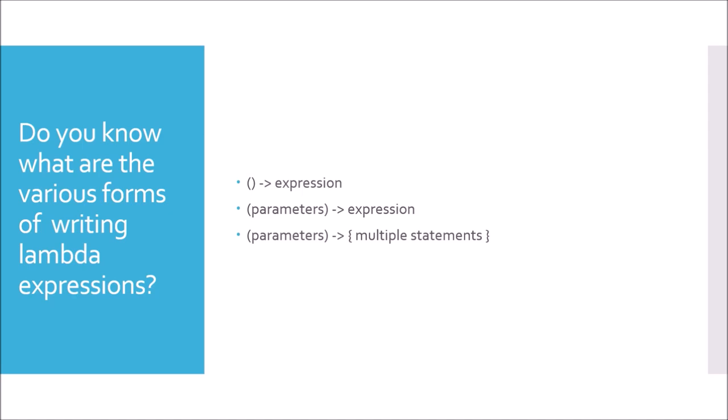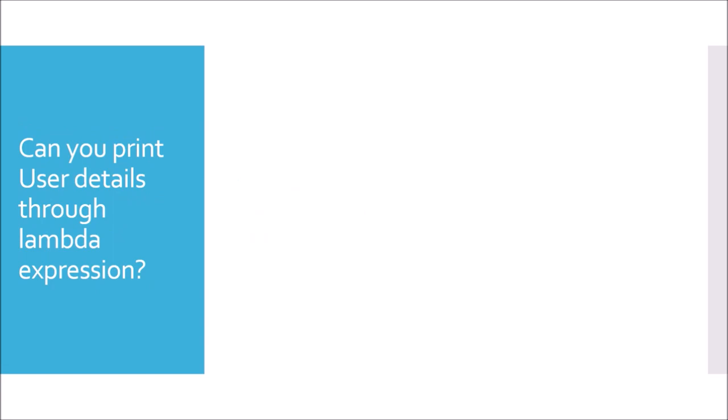Moving to the next question. Can you print user details through a lambda expression? Depending upon the number of years of experience, either the previous question or this question is going to be directly asked to know whether you are capable of writing a lambda expression or not. Let's suppose I have a User class with two fields, ID and name, both of type String, and here we generally use @Data.